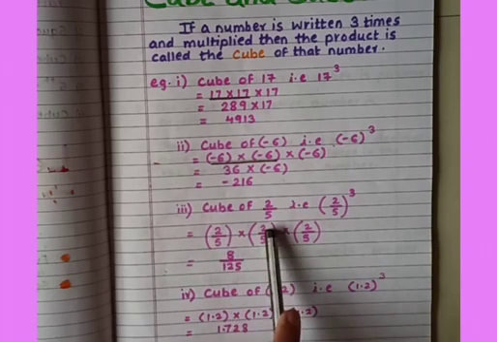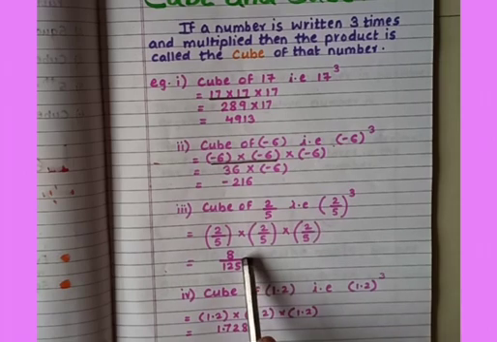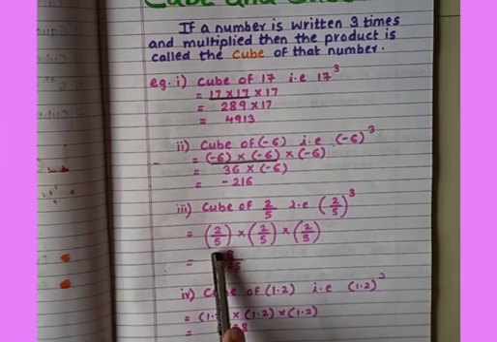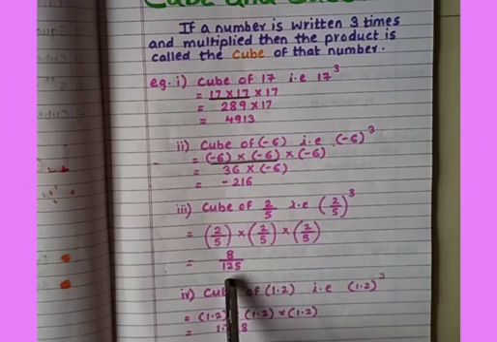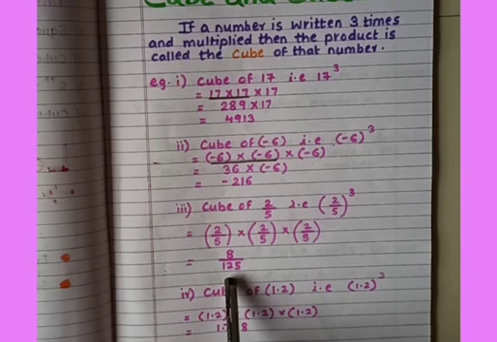So 2 twos are 4, 4 twos are 8. Hence we got 8 in the numerator. Now see the denominator. 5 fives are 25, 25 fives are 125. So the cube of 2 upon 5 is 8 upon 125.